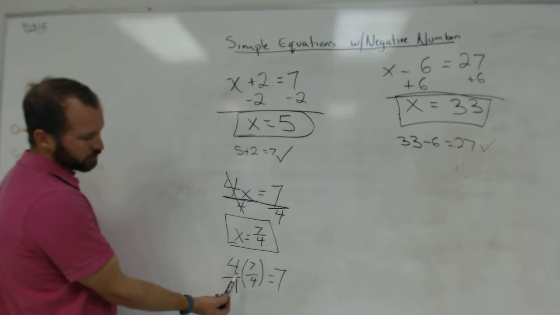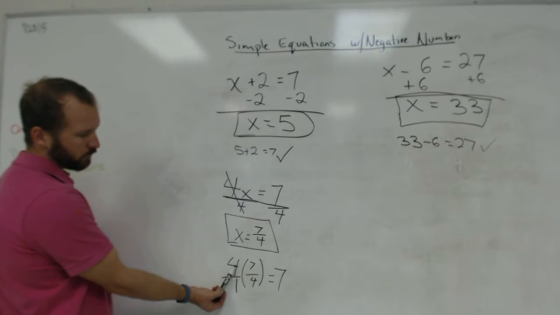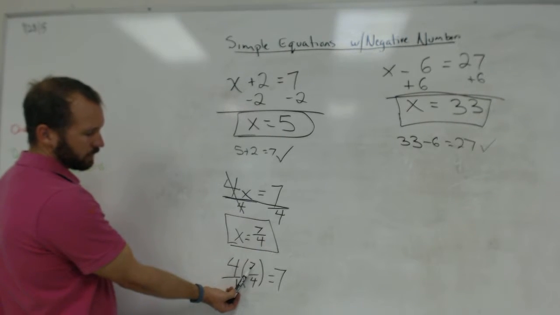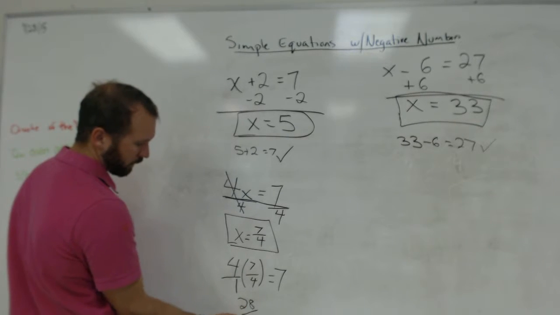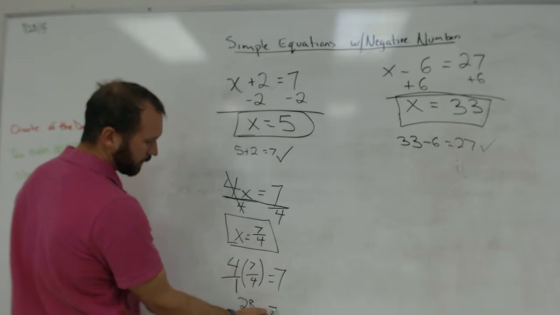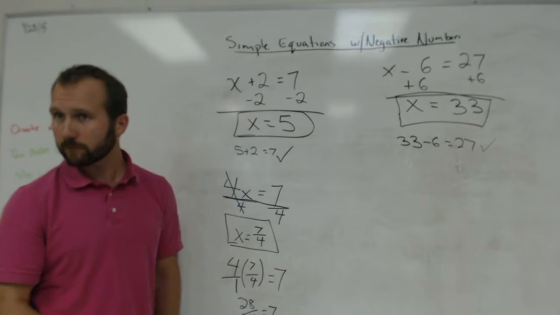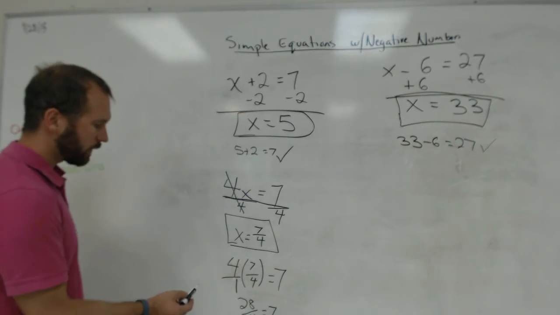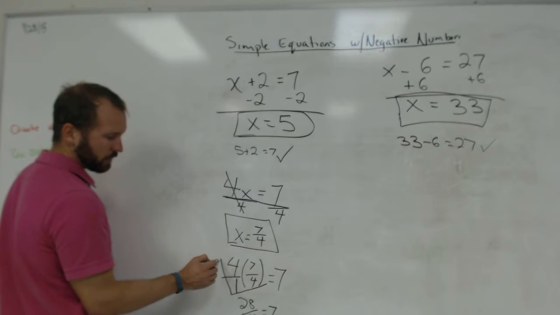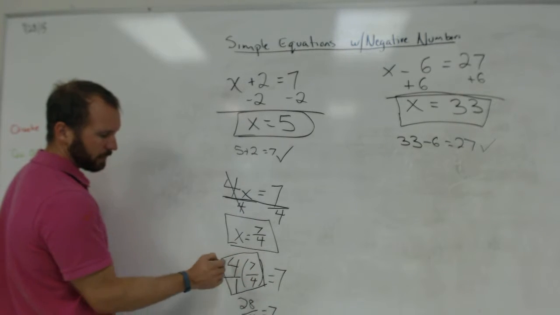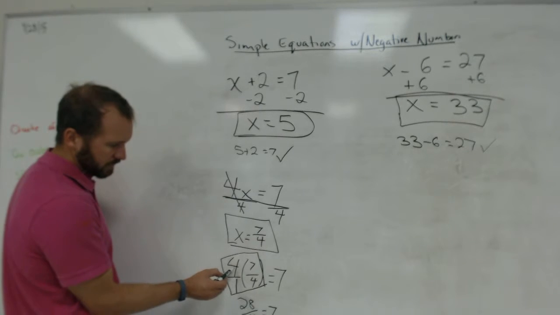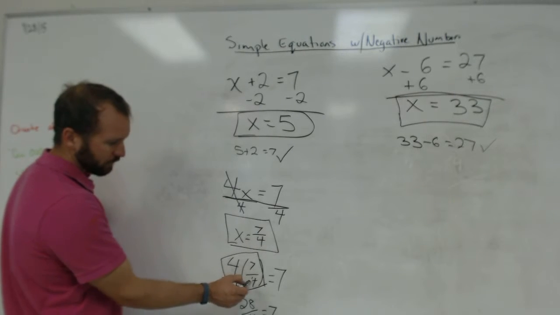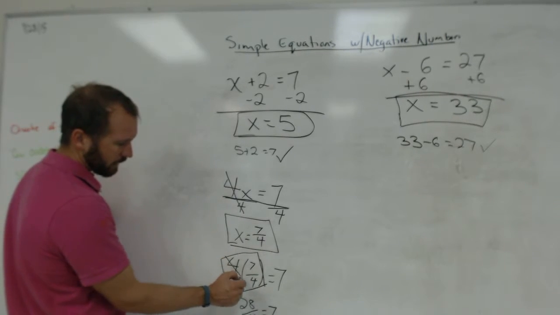Now I can see two ways of doing this. Either I could do 4 times 7, which is 28 over 4, and 28 over 4 is 7. Or I might see in this problem a way of upstairs, downstairs canceling, right? I see a 4 upstairs and a 4 downstairs, and I cancel those.